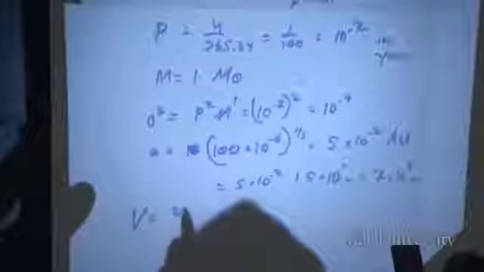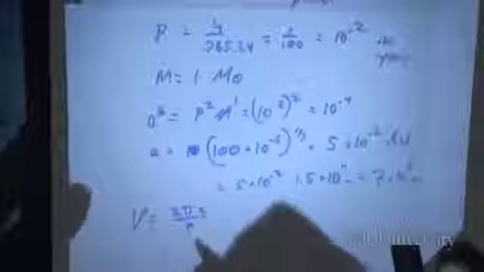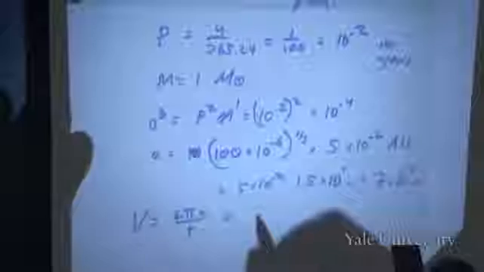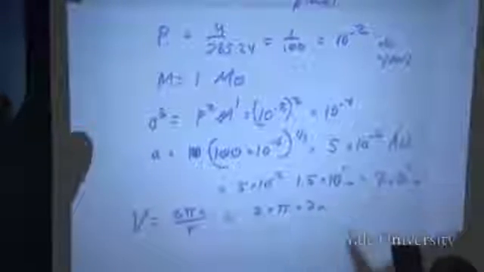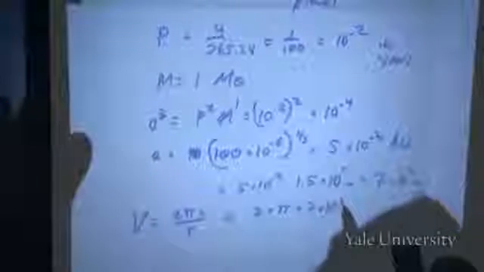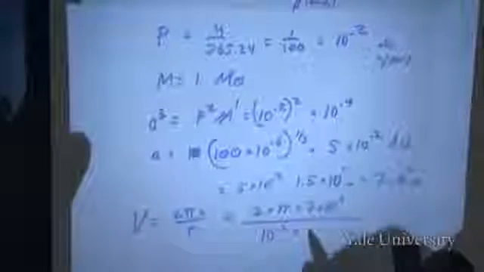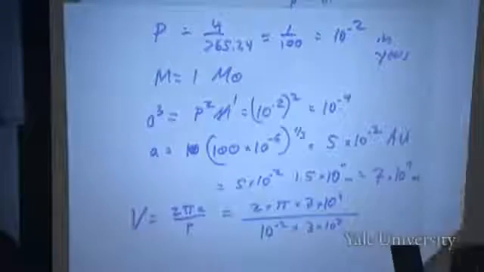Now I'm about to, because I'm going to figure out the velocity that this planet is moving at. That's 2 pi a over p. We wrote that down a little while ago. A I just figured out, so 2 times pi times 7 times 10 to the 9. P is 1/100th of a year, so that's 10 to the minus 2 times 3 times 10 to the 7, which is the number of seconds in a year.